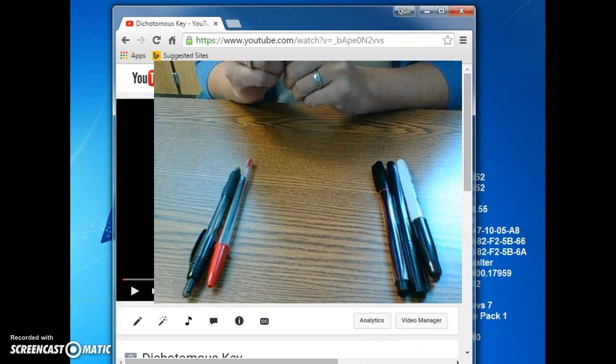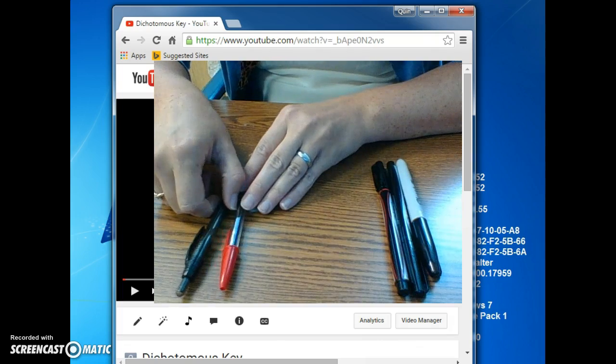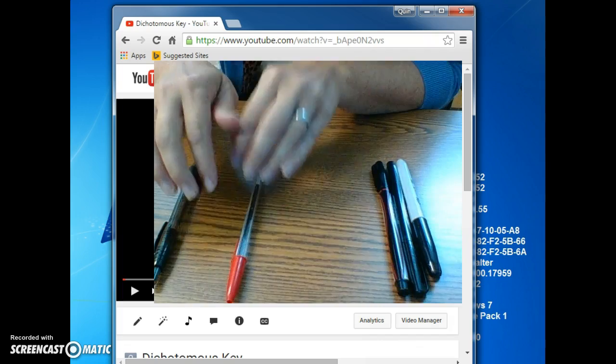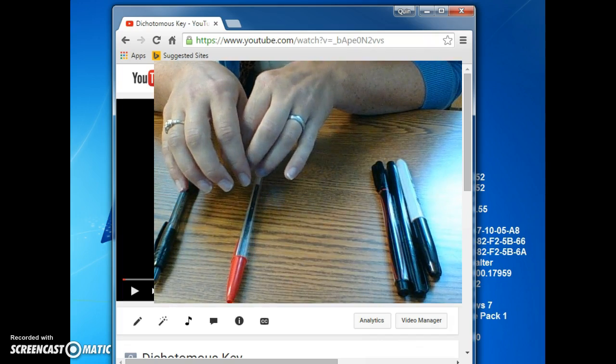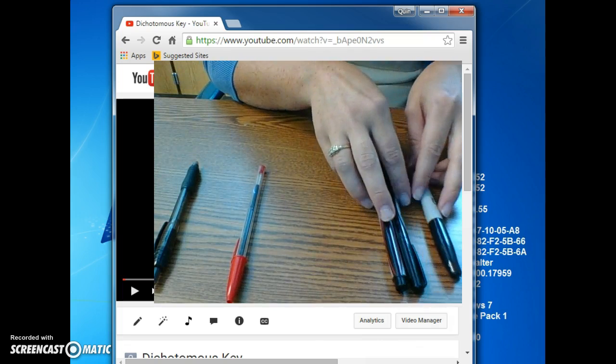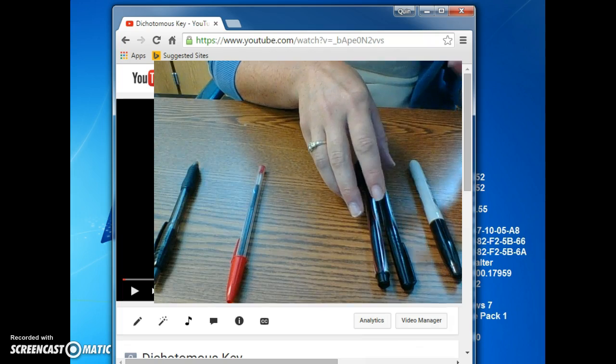So let's look over here. We've got 2 in this category, so we need to split it up even further. Well, one way we can split it up is this is black ink and this is red ink. Now they are in their own individual category, and so I could go over here and start to split these up. Is it a fine tip or a wide tip?